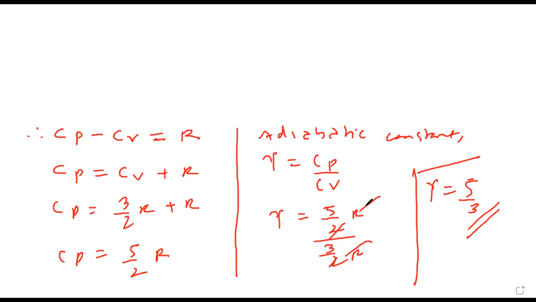So the important point we have to remember for MCQ or theory: for monoatomic gas adiabatic constant is 5 by 3. Sometimes they will give you different values of Cp and Cv and ask for which value it is monoatomic gas. So you check the ratio. Whichever has ratio 5 by 3 will be monoatomic gas. Complete till this.